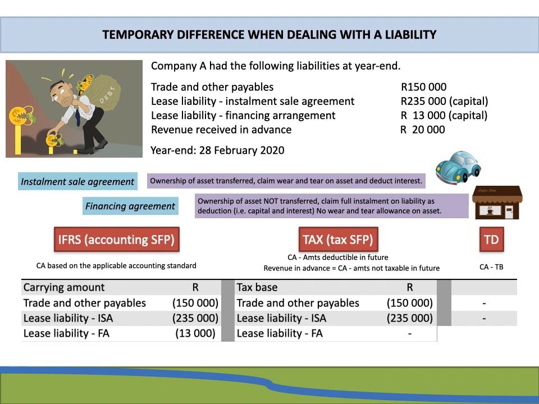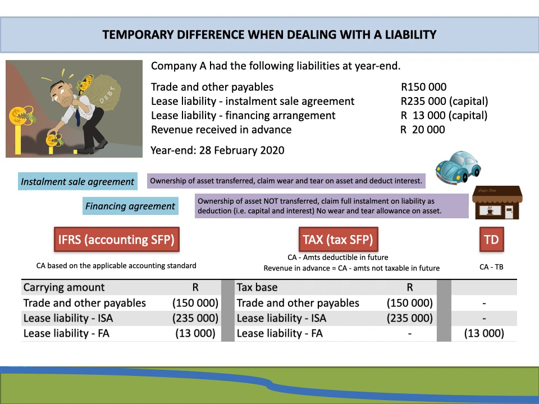So that means that that full 13,000 Rand is deductible in future. So we're going to have 13,000 Rand being the carrying amount less 13,000 Rand deductible in future, which gives us a tax base of zero. So our temporary difference is then going to be 13,000 Rand.